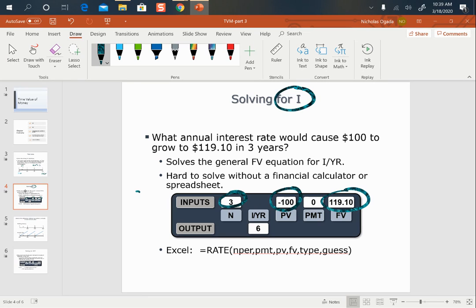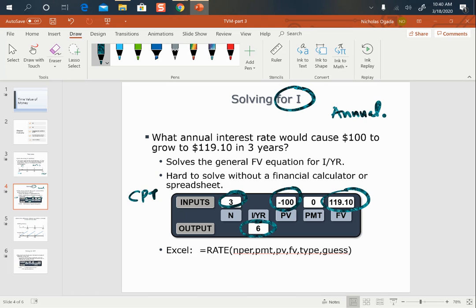Then you press your compute key and press I, and that will give you a value of 6%. Again, remember, we're assuming the compounding is on an annual basis, so every year, and therefore in this case it is 6%.